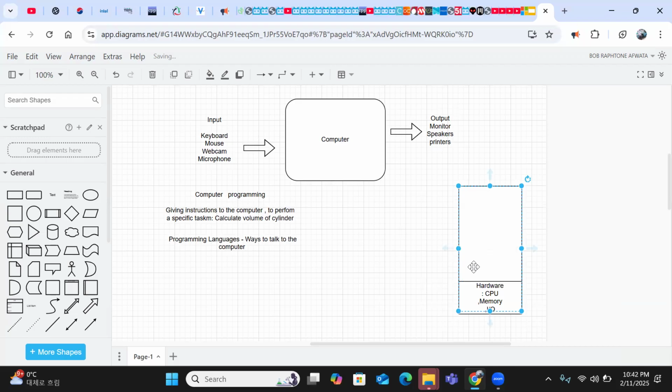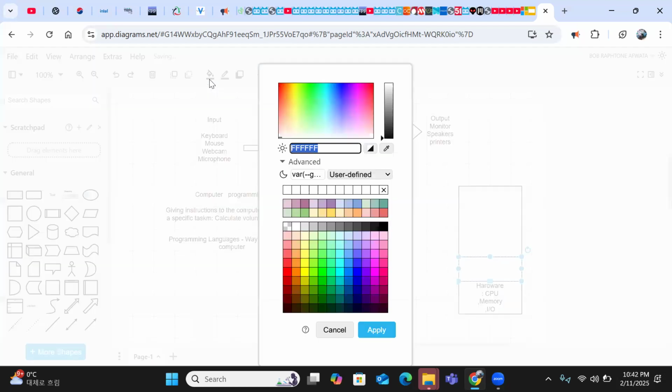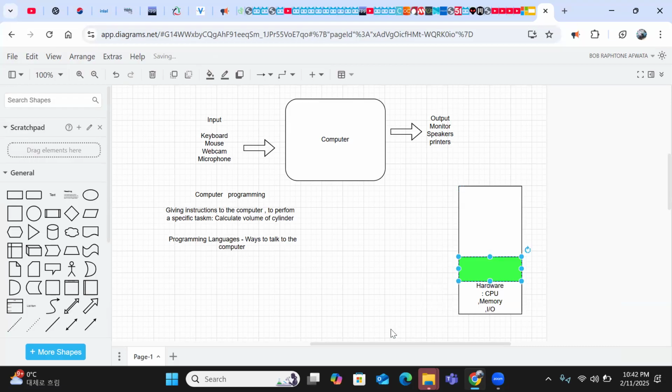So there is the hardware, and then I just need to put a new text, which is called drivers.